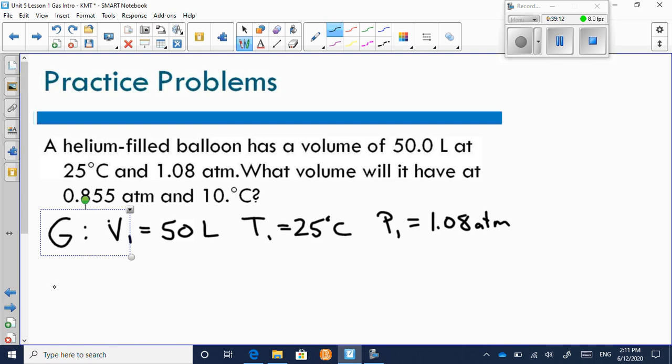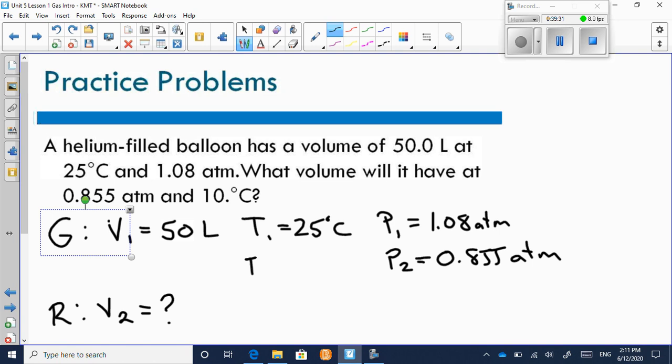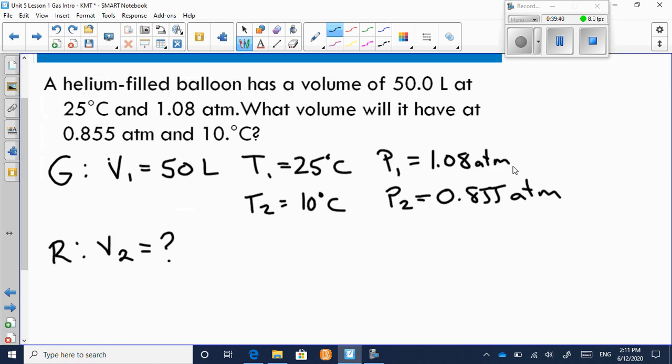It says what volume, so I'm going to come down here and write required. My V2 is going to be my required. Will it have if the new pressure is 0.855 atm and a new temperature, the T2, is 10 degrees Celsius. Okay, so what will be the resulting volume?